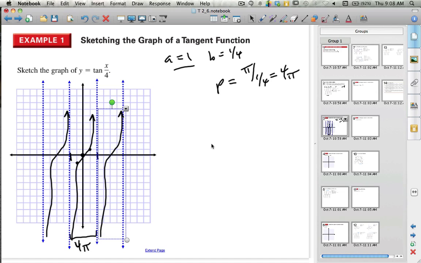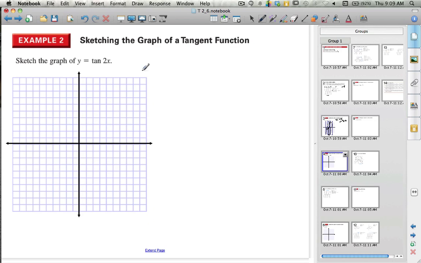Right? And that's sort of the way it works with tangent. So we're still working with the amplitude, but it becomes the coordinate of this point. So this point is at pi, 1, and this point over here is at pi, -1. Okay, it comes in along the left asymptote, passes through the 3 points we've defined, and it goes out along the right asymptote.